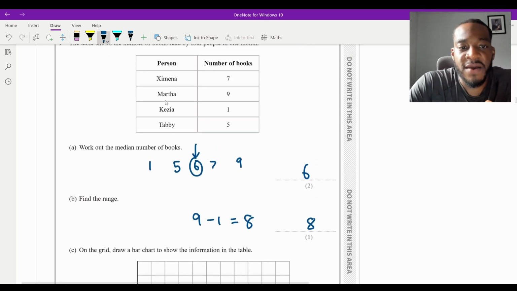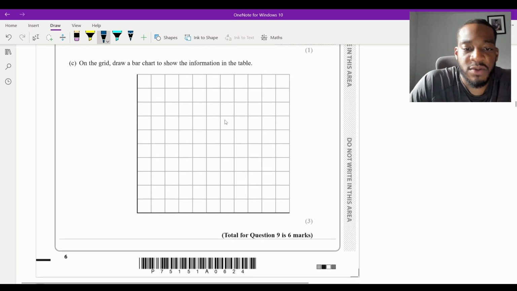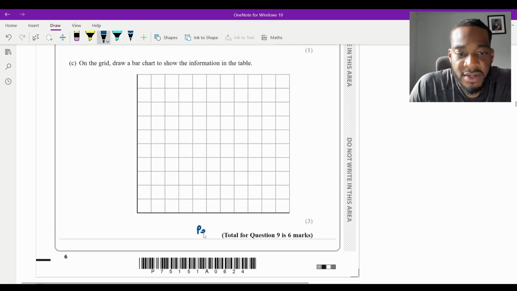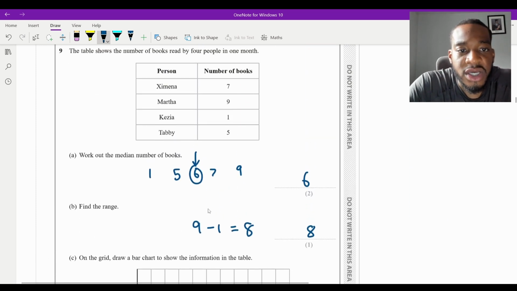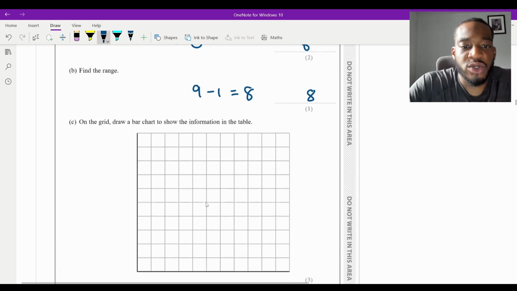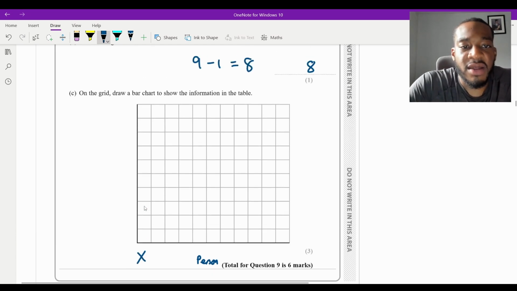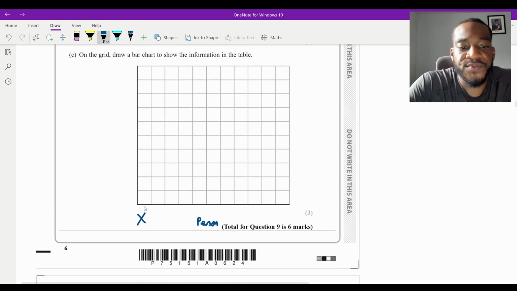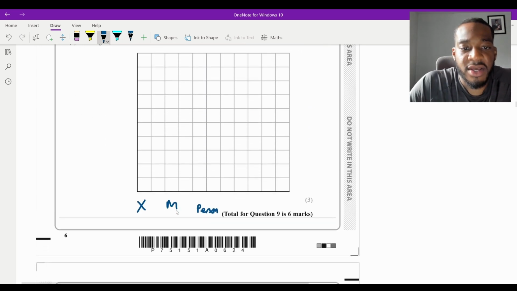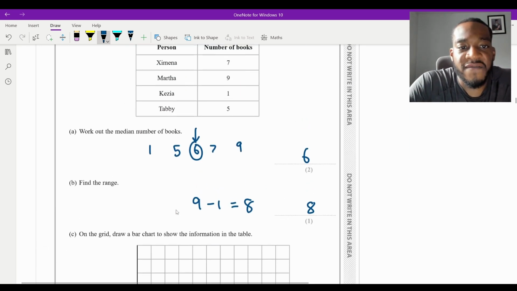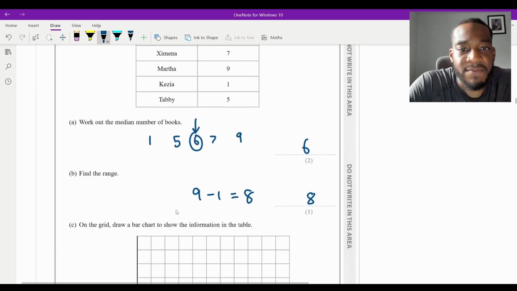Now, let's look at the table. We've got the persons here. This is going to be our horizontal or our x-axis, and the number of books is going to be our vertical axis, isn't it? So I'm just going to put person here, and then who do we have? We've got Jimena. So what I'll do is I'll just write X for Jimena, and then I'm going to write M for Martha, and I'm going to write K for Kezia and T for Tabby.